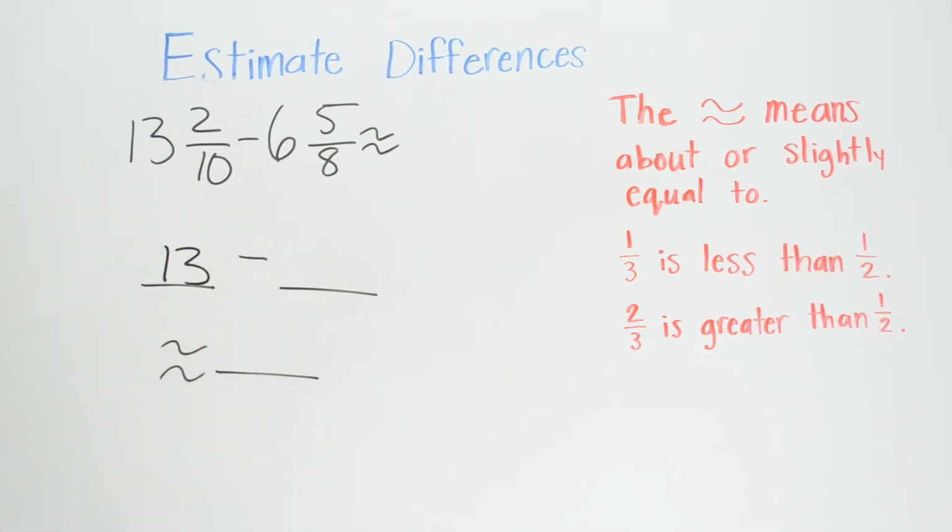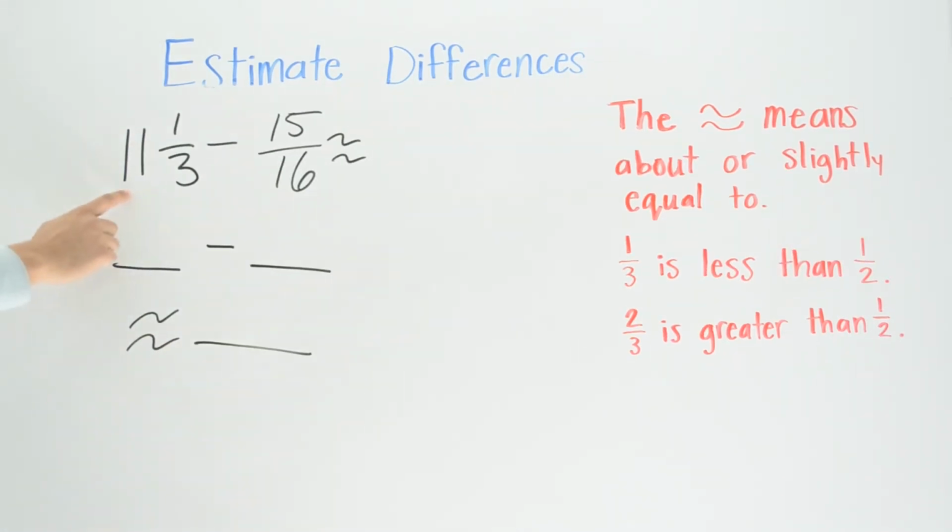Then we have 5/8, and we know that half of 8 is 4, so 5 is greater than 1/2, and we're going to round that 6 to a 7. And then we subtract: 13 minus 7 is 6. Just remember, when you subtract these, we're estimating. We're not saying the difference is equal. It's about or slightly equal to 6.